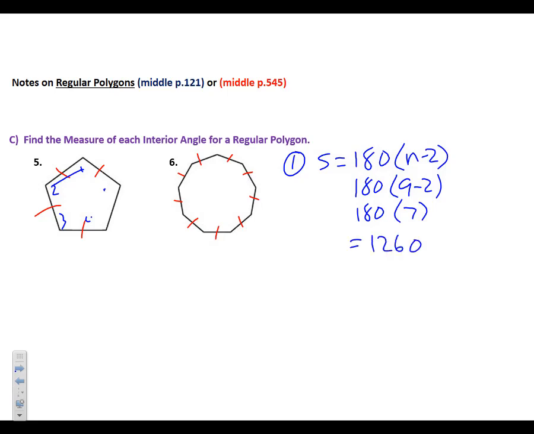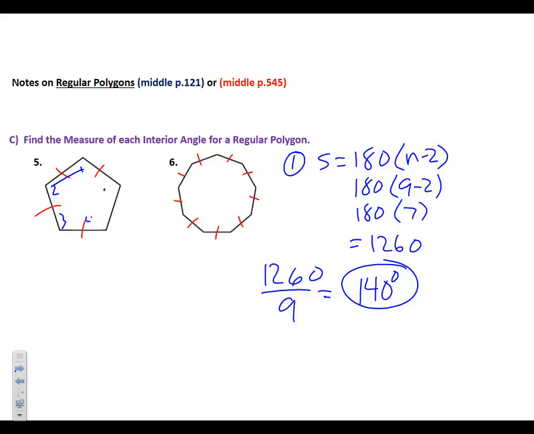And we know that there's 9 angles. So we take that 1,260, we divide it by 9, and we find that each angle measure in there is 140 degrees. So that's what we know about regular polygons. Every angle is the same measure, every side is the same length, and we can use that to find the angle measure on the inside of a regular figure.